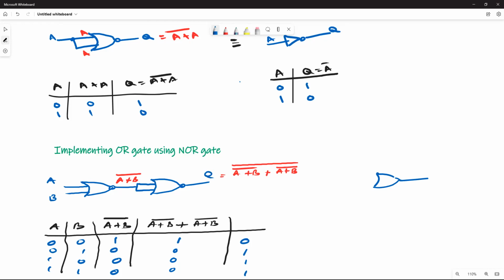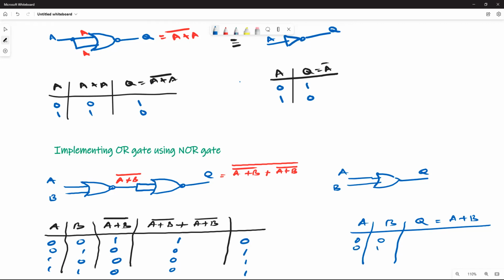So this is Q. We have A, B inputs, and we know Q is A plus B. If you take the truth table, we have 0, 0, 0, 1, 1, 0, 1, 1.